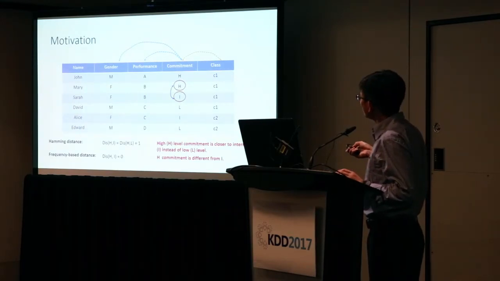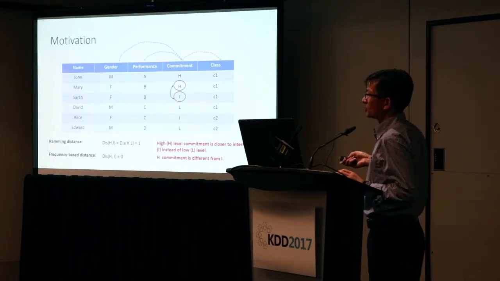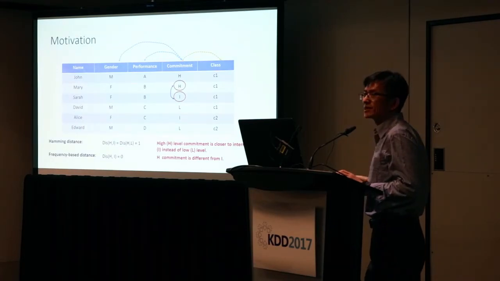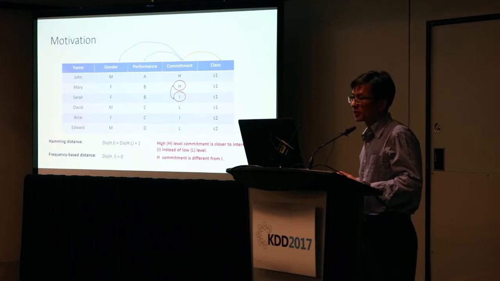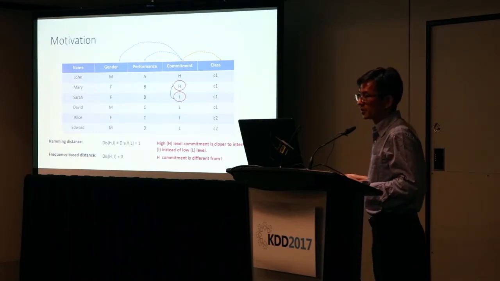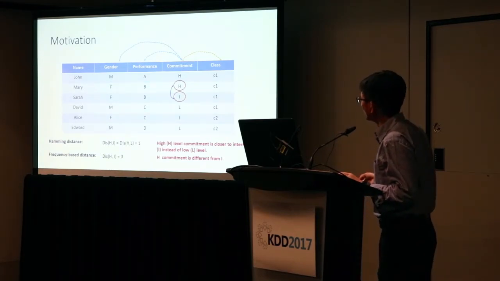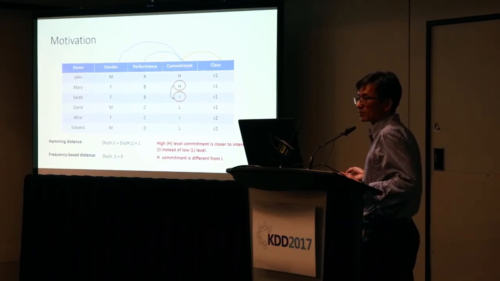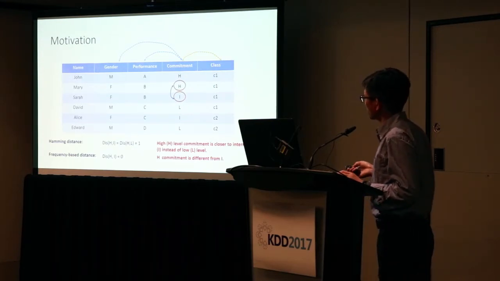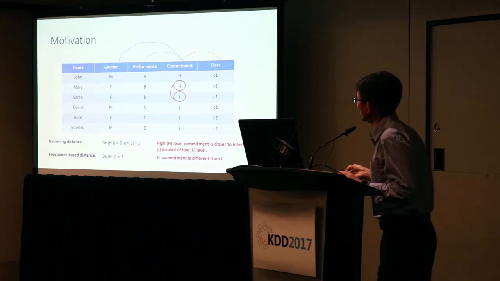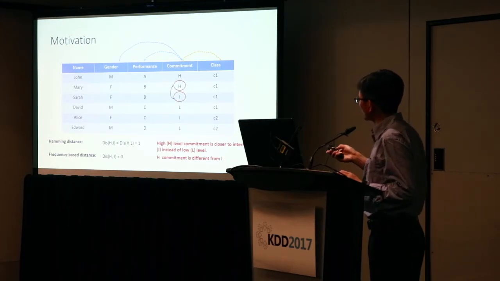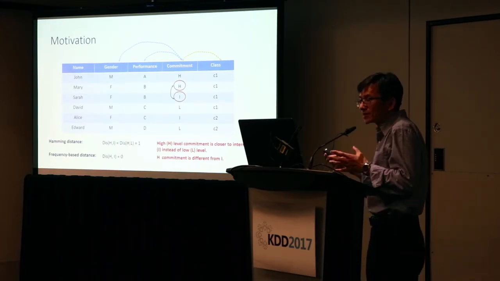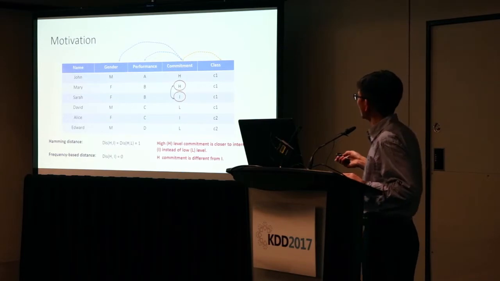So given a very simple table here, by the way, we still work on categorical data because numerical data has been explored quite well. We've got a lot of distance definitions, but categorical data hasn't been explored so well, and it's easy to get into a wrong space. As far as we have experienced, that's why we particularly focus on categorical data, and then on the integration with mixed data as well.